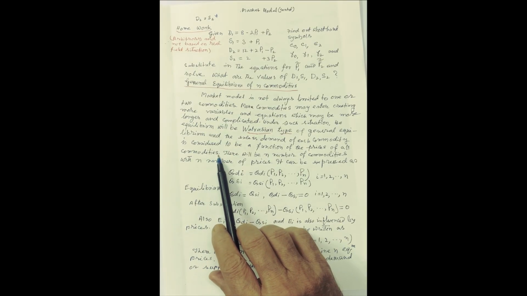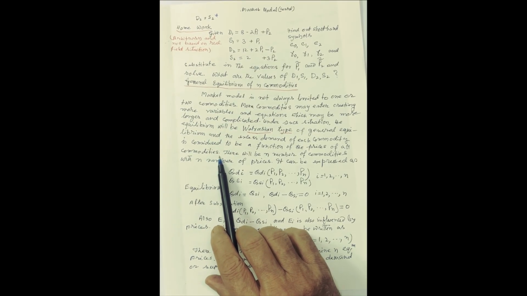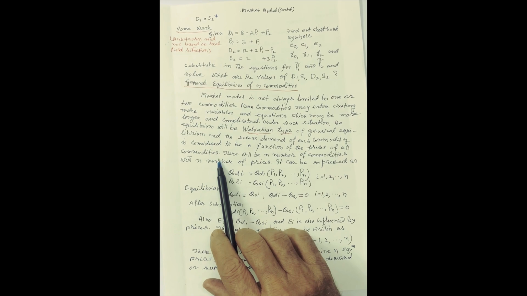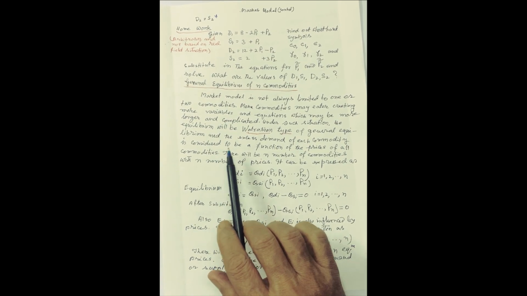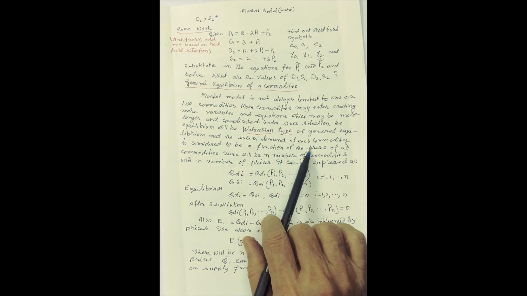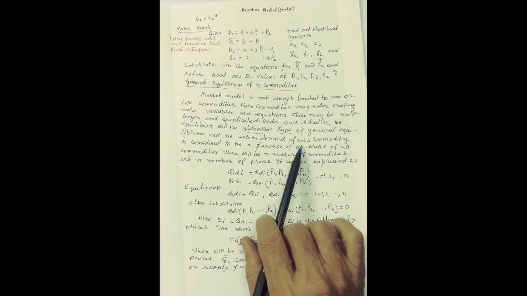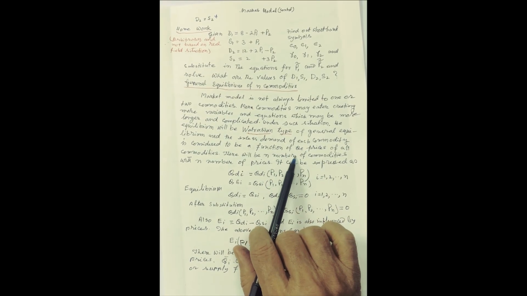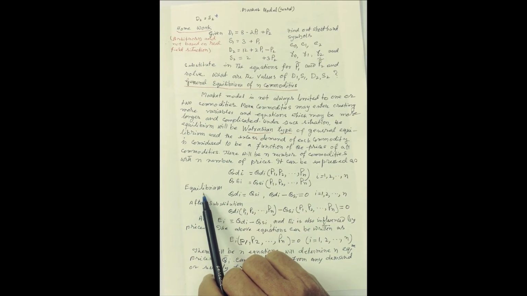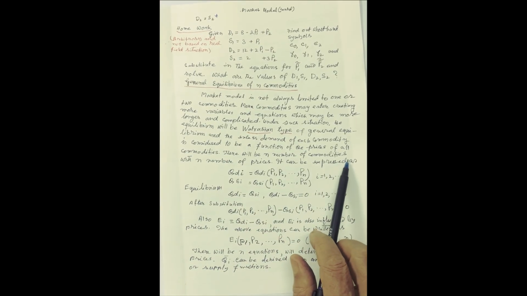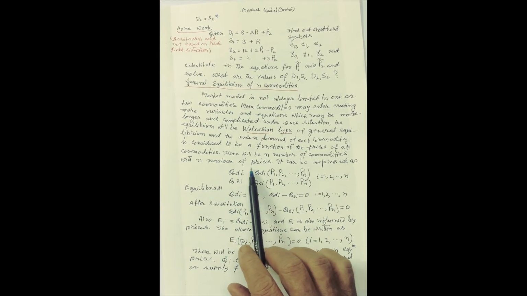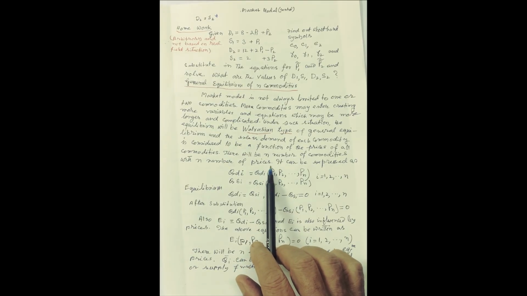In this case, excess demand is D minus S equal to 0. This excess demand will be a function of the prices of all commodities. There will be n number of commodities with n number of prices.